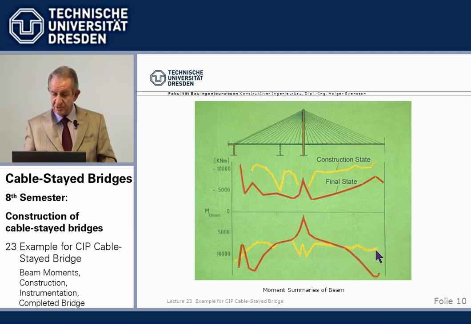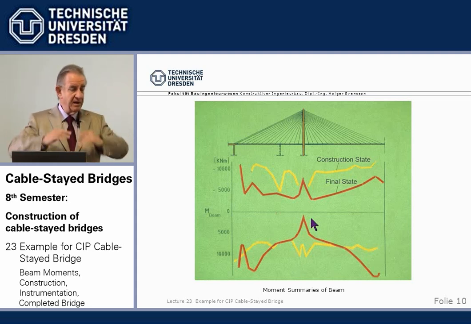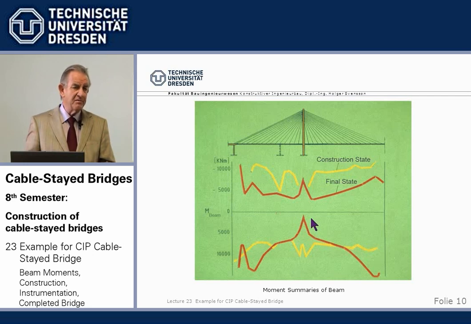The construction moments are more or less constant, but they govern here in the middle, tension at the bottom, where we have very little because of the bearing there in the final stage. So this is fairly typical, the ratio of governing moments, moment envelopes, final stage and construction. You can vary that in all ways, but that's typical.